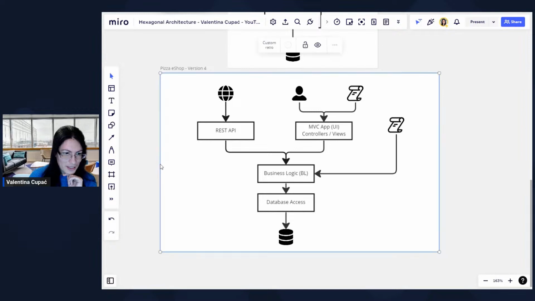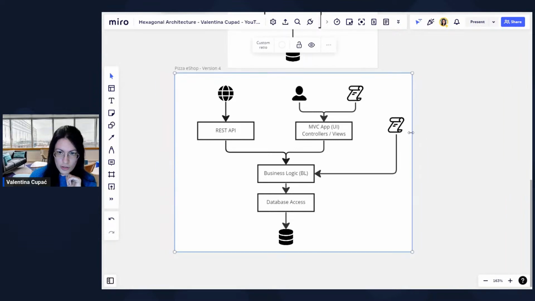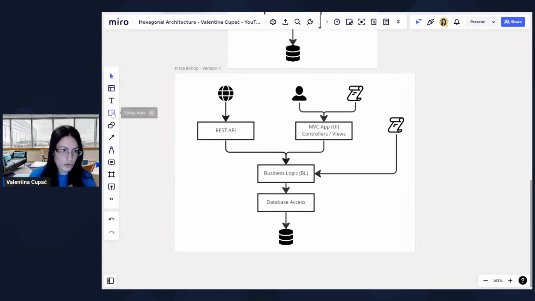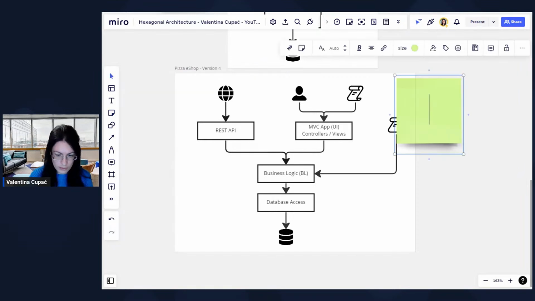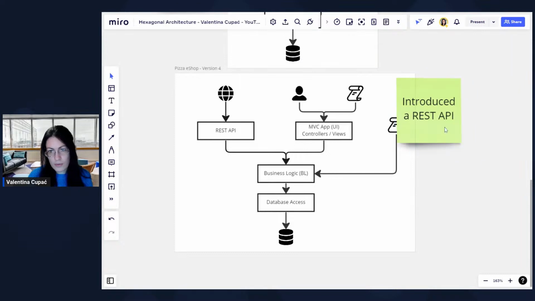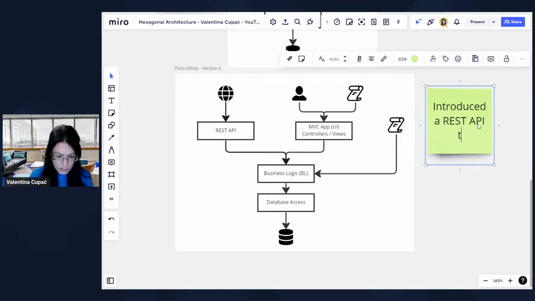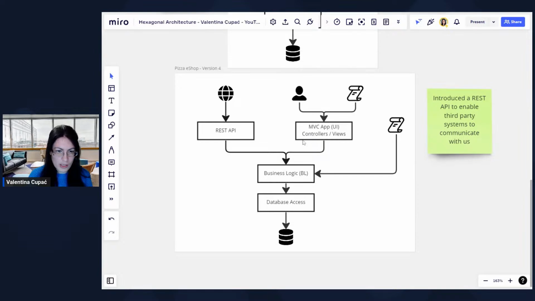Okay, great. So we've now essentially introduced a REST API to enable third-party systems to communicate with us. And that REST API is delegating to business logic.